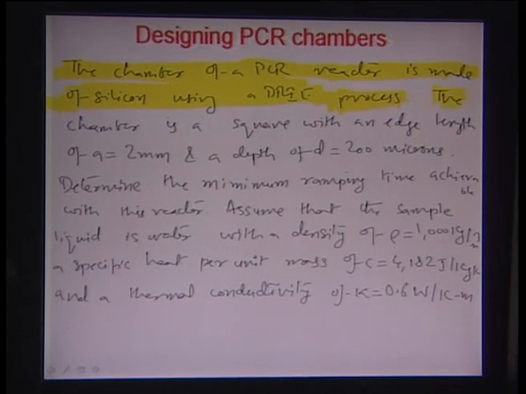The chamber is a square with an edge length of about 2 millimeters, and there is a depth of d equal to 200 microns. So, therefore, you have a square of 2 mm by 2 mm and a depth of about 200 microns. So, the chamber is pretty large in the length aspect and really micro in the depth aspect.